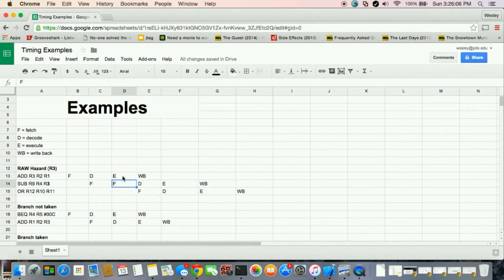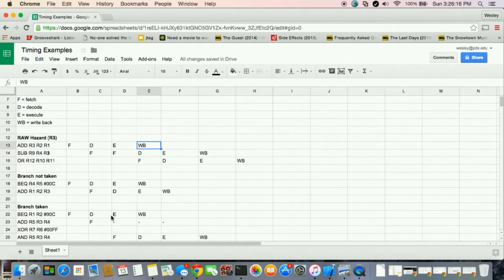So we stall for 1 cycle, that is fetch this again, and we may now decode as R3 has written back here. If a branch is not taken, we incur no stall penalty because our branch prediction scheme is that we do not branch.